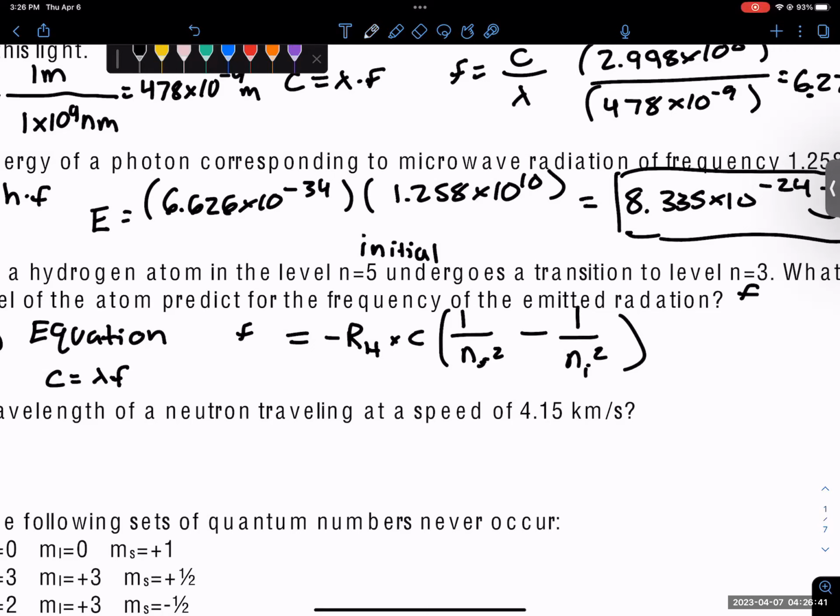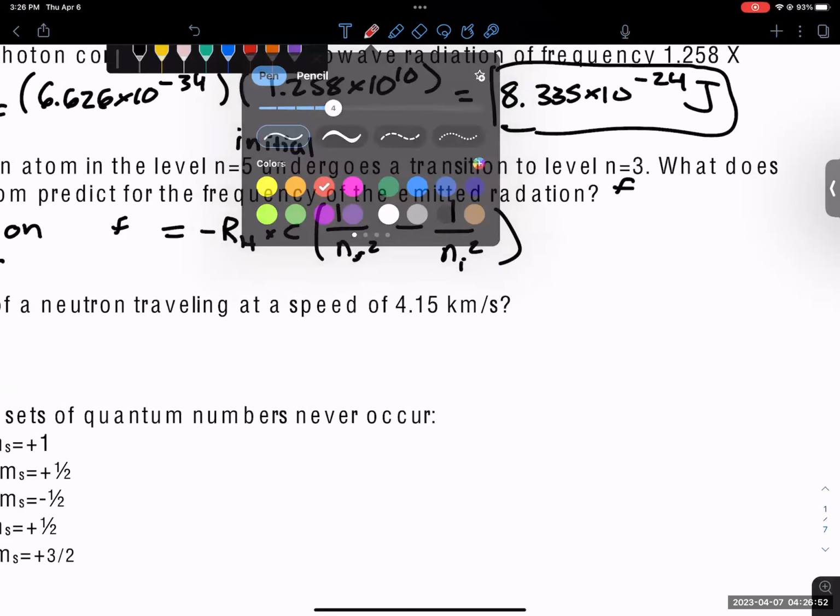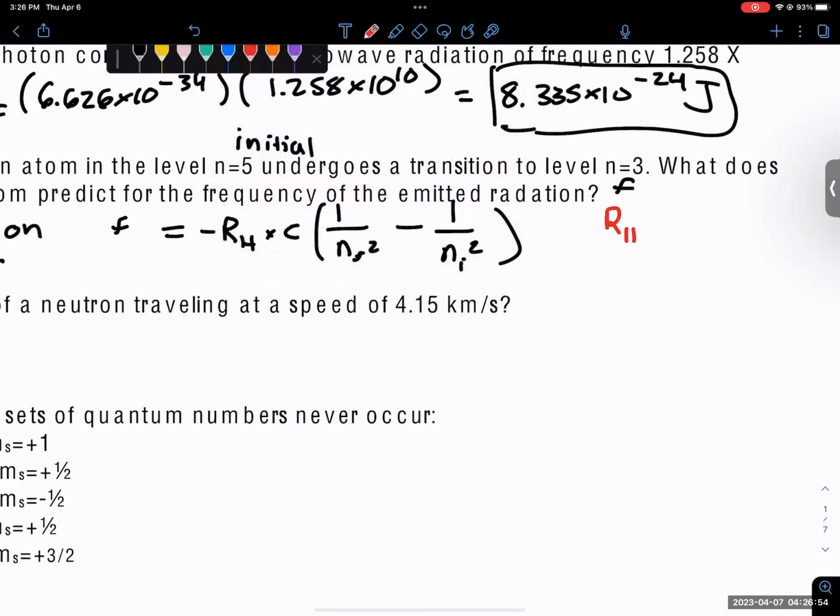What's the Rydberg constant for this specific equation? So RH equals 1.097 times 10 to the 7th. Let's see what we've got going on. So let's plug all that in.